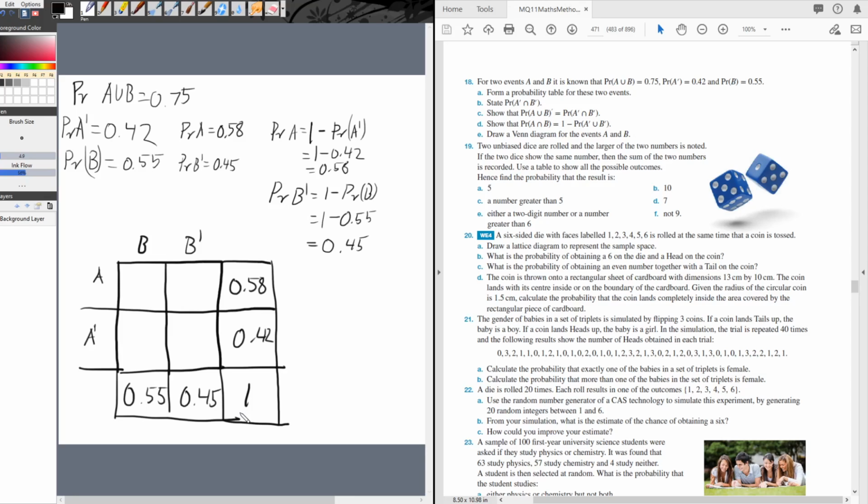Now, we are given the union probability. So we need to check whether or not it is mutually exclusive. Because if it is mutually exclusive, that means this here is going to be 0.